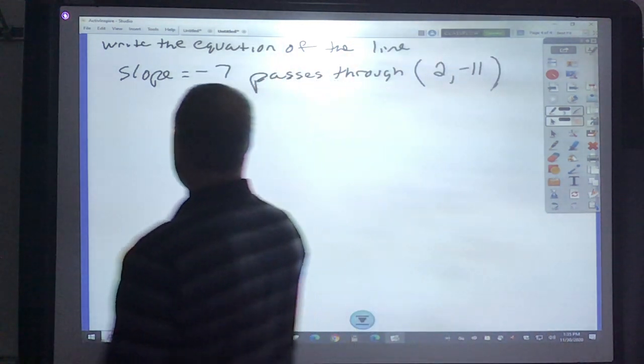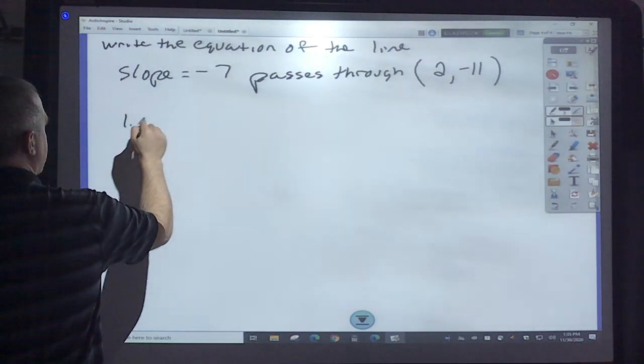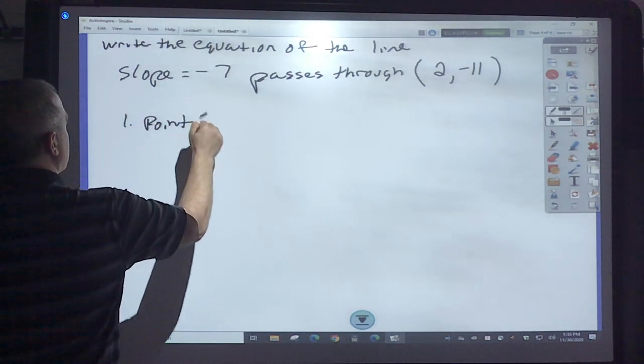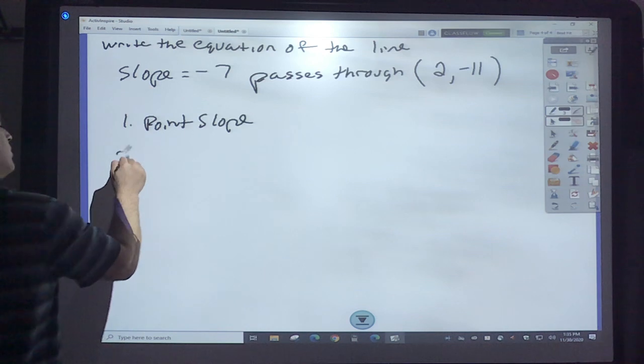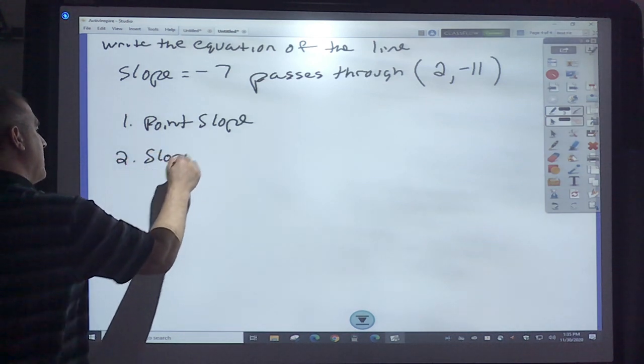For problem 1, I want it in point slope. For problem 2, I want it in slope intercept.